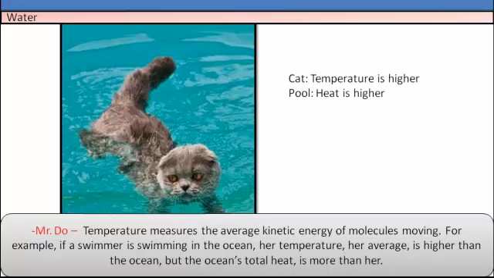Temperature measures the average kinetic energy of molecules moving. For example, if a swimmer is swimming in the ocean, her temperature, her average, is higher than the ocean's, but the ocean's total heat is more than hers.